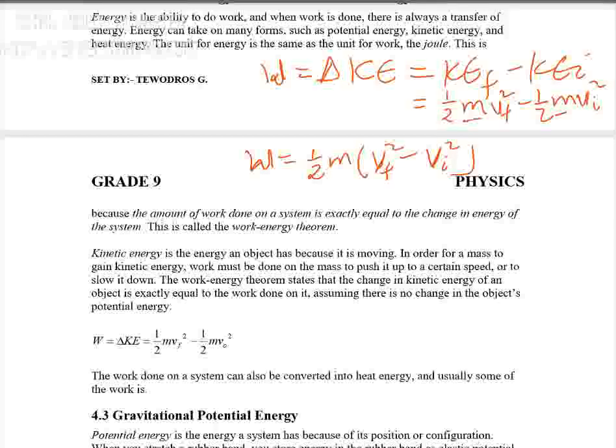Before squaring, if you subtract, you don't get the real answer. First, you square the final and the initial values. After that, you subtract the initial from the final and multiply by 1/2 of the mass. This is the work energy theorem. Therefore, the amount of work done on a system is exactly equal to the change in energy of the system, which is the kinetic energy.